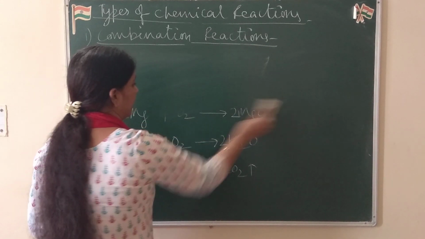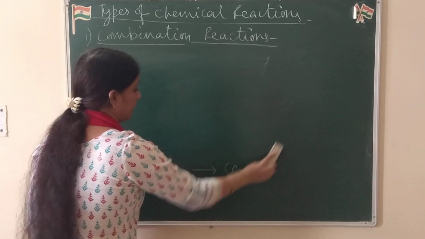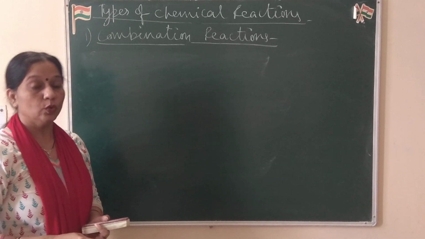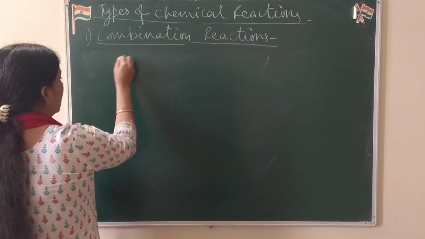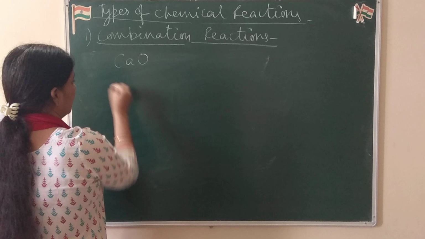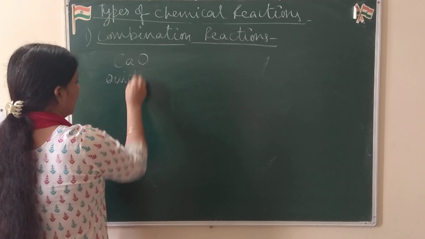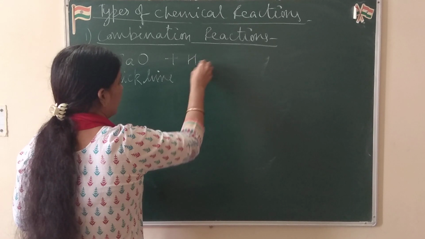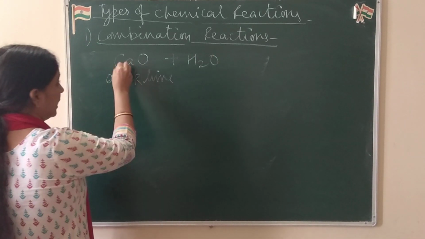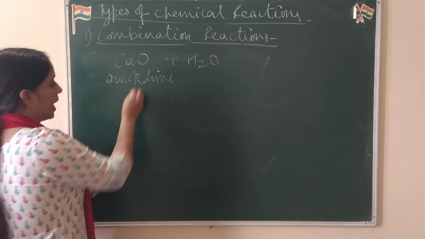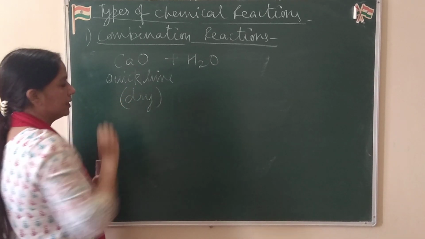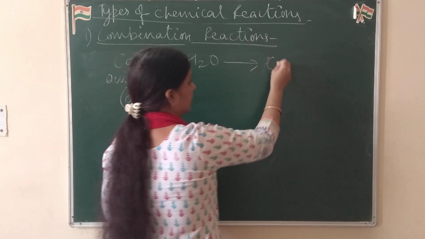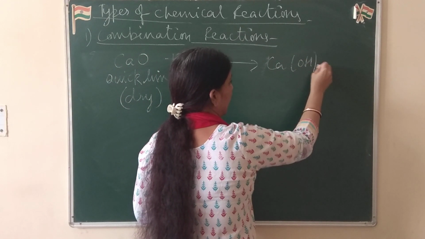There is one activity in NCERT, that is the example of combination reaction, when water is added to quicklime. Quicklime is calcium oxide. It is commonly called quicklime, and it is dry. When we add water to it, it will form calcium hydroxide.